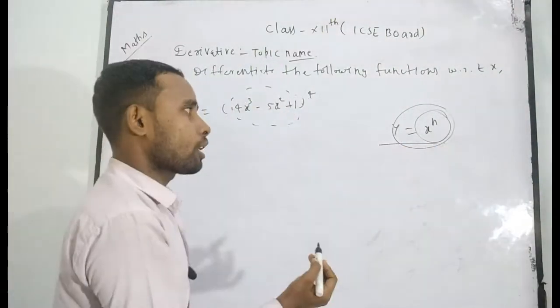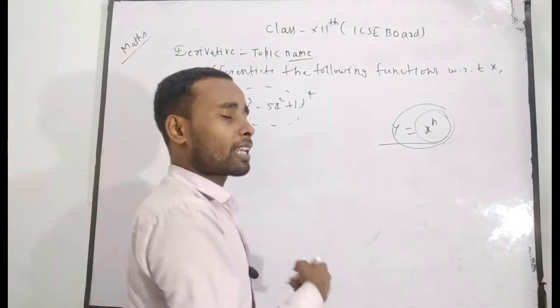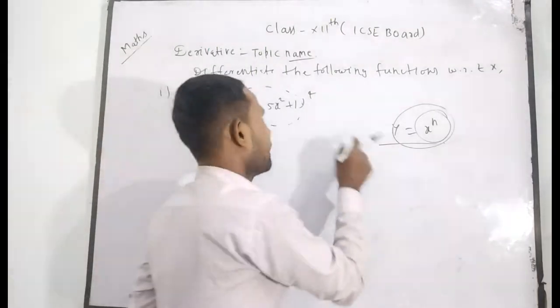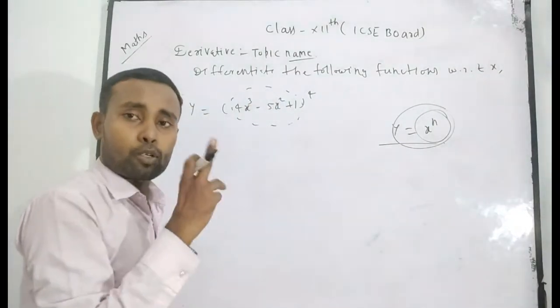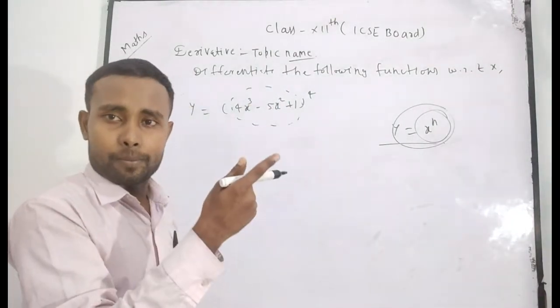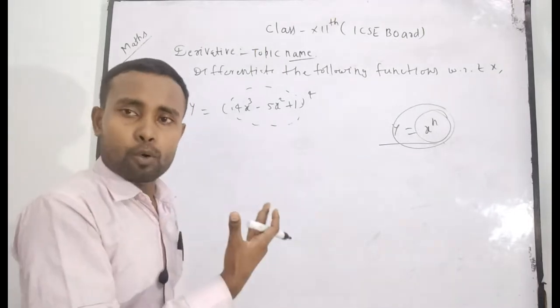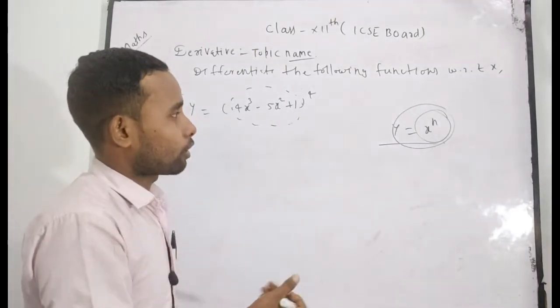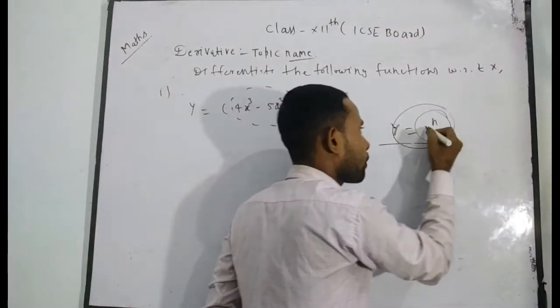As you know, in earlier classes I have repeated many times: when any function is given, first of all you have to compare it with the given formula, and after that you start and use my logic. Here y is equal to x to the power n.